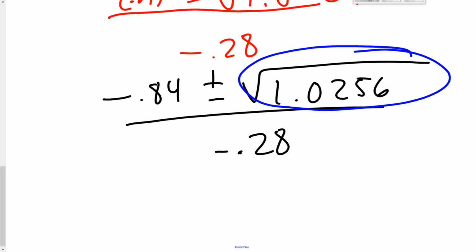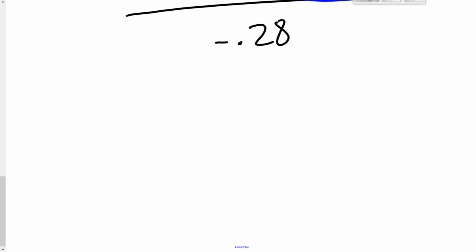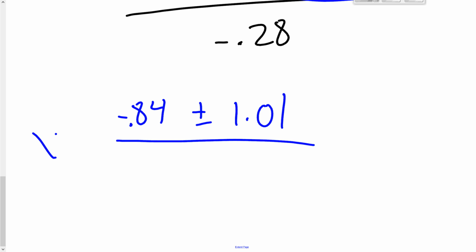Okay, so I'm going to enter that in my calculator and see what I get. And I get, here you can round to whatever it says. Let's round to the hundredths place. And I get 1.01 plus or minus my negative b, all over my 2a. So that's what x is equal to, and my 2a was negative 0.28.